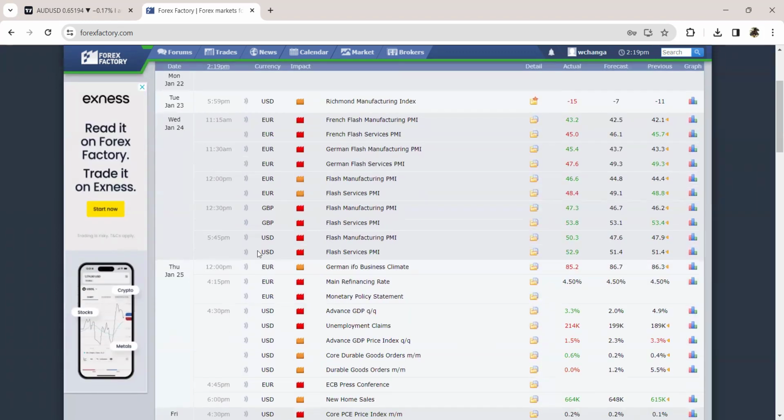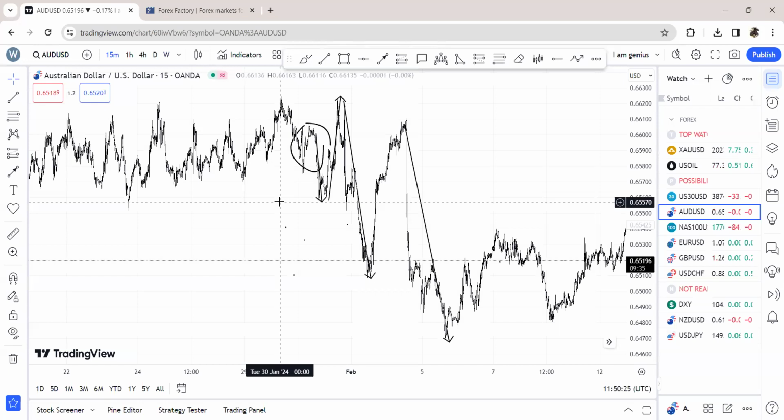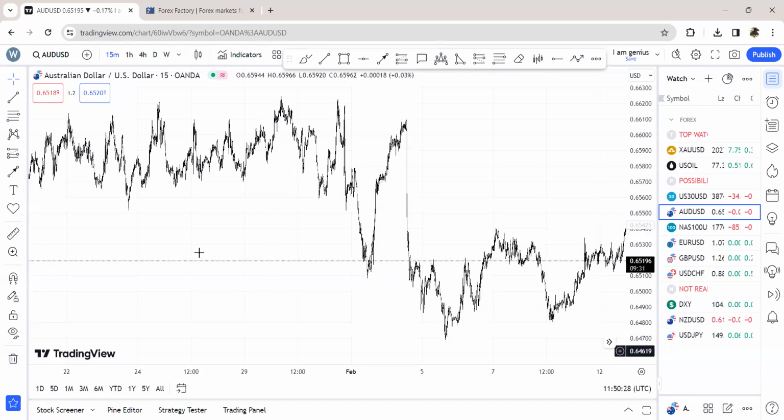Right here. On the 24th, we were seeing that here it was negative, it was positive. Then the impact was high. Then the date was Wednesday, January 24th at 5:45 p.m. Now let's go back to the chart. Let me just delete what I had put on earlier, remove that.